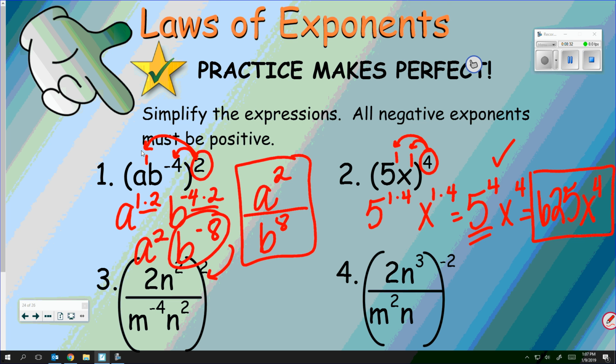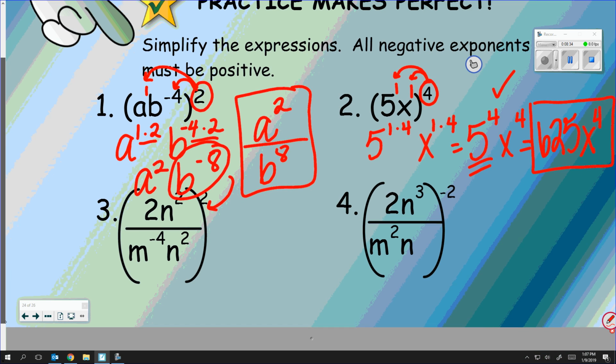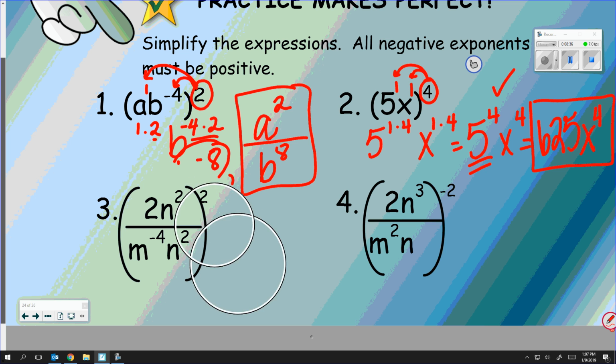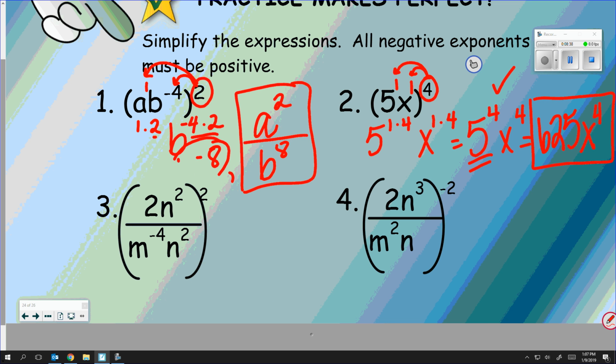Okay, number 3. The first thing we look at: do all of our terms have an exponent? All but 1. This 2 does not, so we're going to add a 1 as its exponent. Then we're going to distribute, remember, outside this 2, to every term. Does that mean top and bottom? Yes, so I need to distribute this 2 to your negative 4 and your 2 as well.